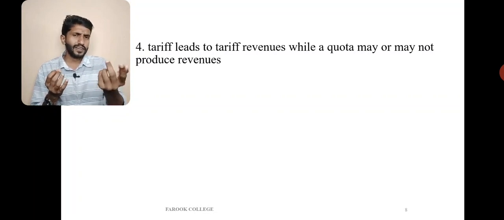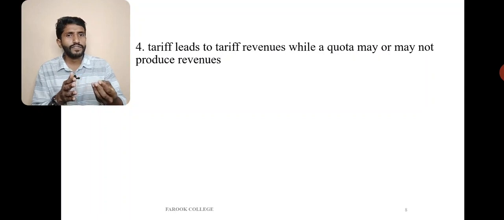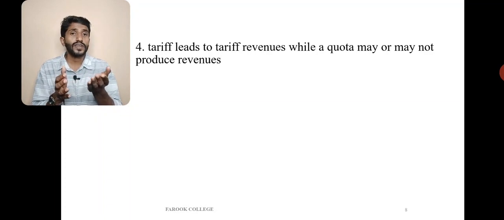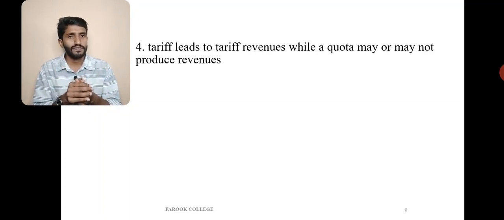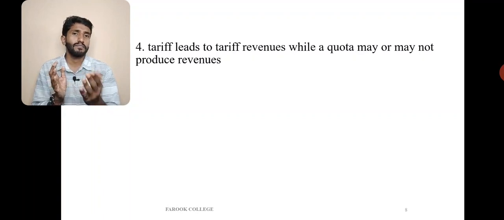Or they can adopt some kind of fees for licenses, but that's also not very common. That's why the government may or may not get revenues through the quota system. But through the tariff, obviously the government will get the revenues.